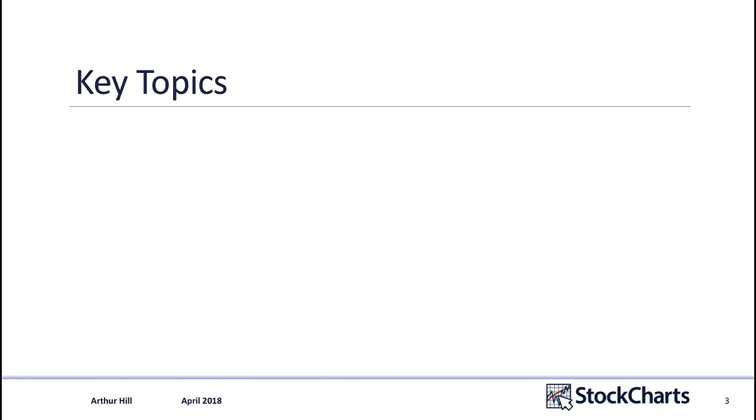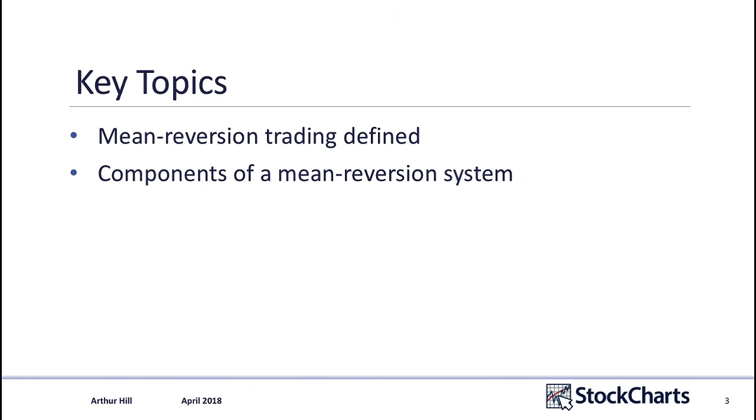So the key topics that we are going to discuss today will be, first, I will define the mean reversion trading system with some charts, of course. I'm going to go over the components of a mean reversion system. It's surprisingly simple. You need an entry and you need an exit and you need a market regime.